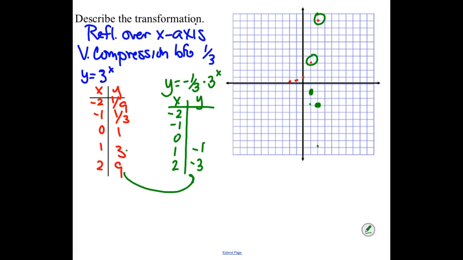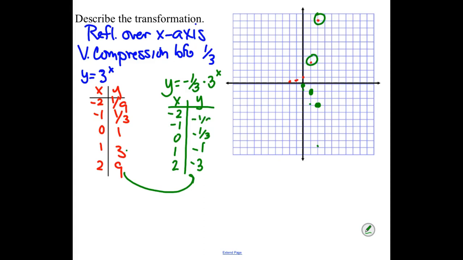Okay. My next point was 0, 1. If I reflect it, I'm here at -1, but now I have to make it 1/3 that high. So I'm going to be at -1/3. Yes? All right, I've got 1/3 for my next y coordinate. I'm going to reflect it. Now it's -1/3, and I'm going to multiply it by 1/3.